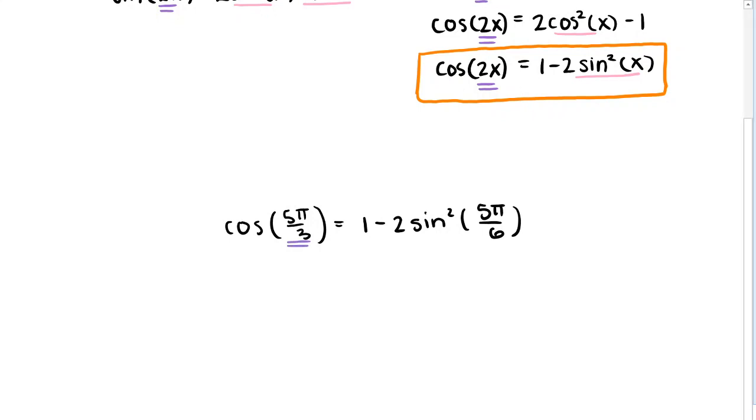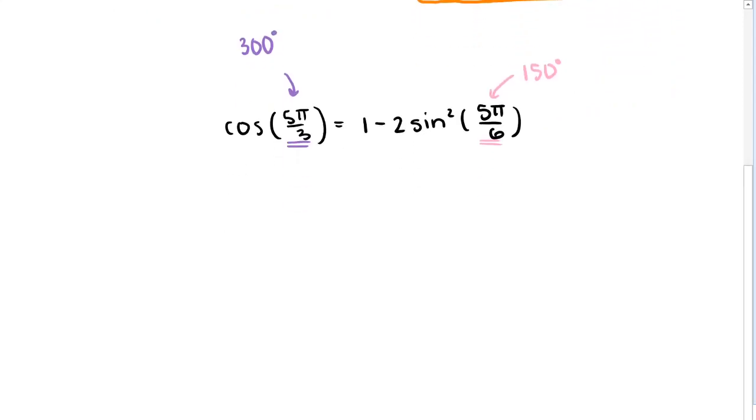The idea is that we can use this expression on the right involving 5 pi over 6 to evaluate that expression. And maybe if you're more comfortable with degrees than you are with radians, the idea here is that we're using the angle 150 degrees, sine of 150 degrees, to evaluate cosine of twice that angle, 300 degrees.